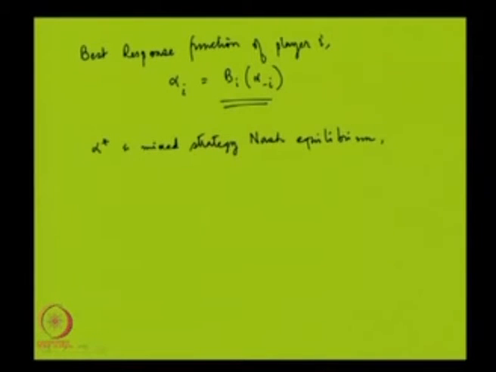The idea is as before, everybody must be optimizing given the actions of the others. So, if everybody is optimizing and people find a particular set of mixed strategies such that each of the mixed strategies is the best response to the rest of the mixed strategies, then that is a Nash equilibrium.